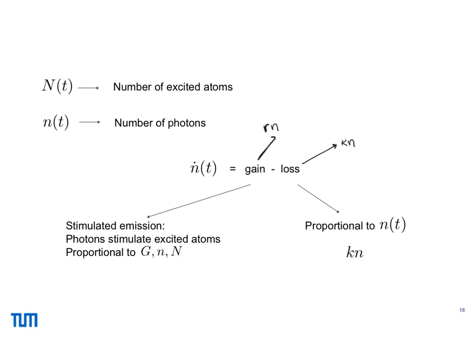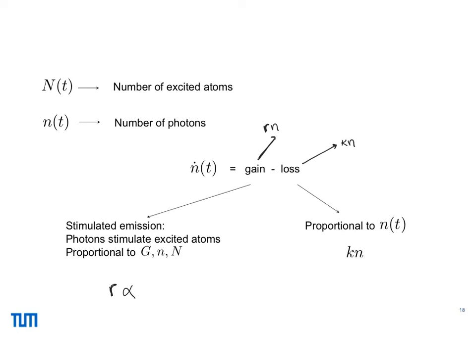So the loss is pretty simple, it actually doesn't change. We just say the more photons we have, the higher the chances are that we have losses. So this is just strictly proportional. And now let's talk about proportionality also in here. So we have here that the growth rate is proportional to what? The growth rate is proportional to the number of excited atoms.